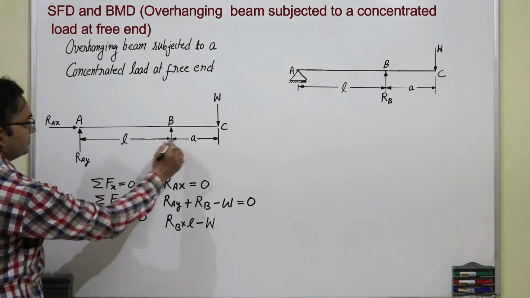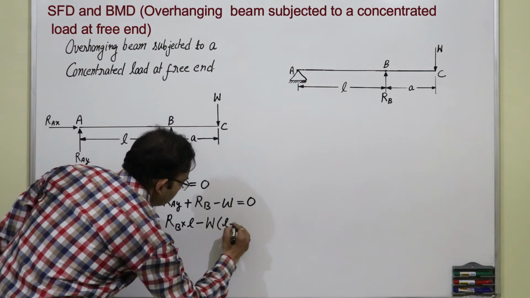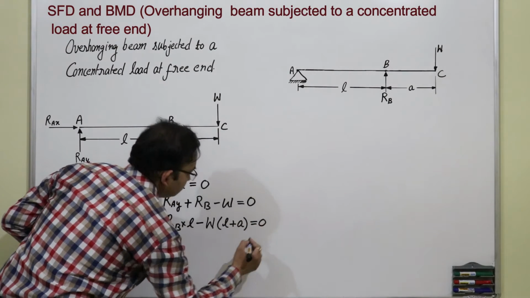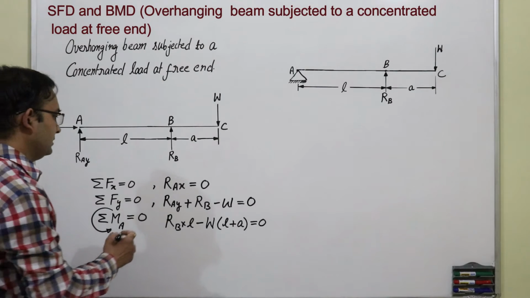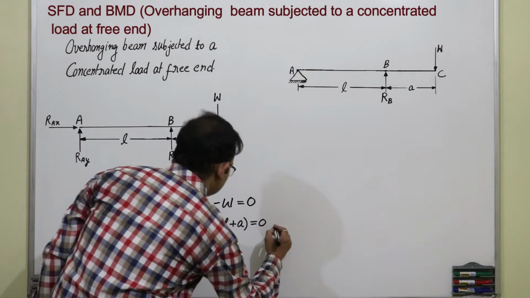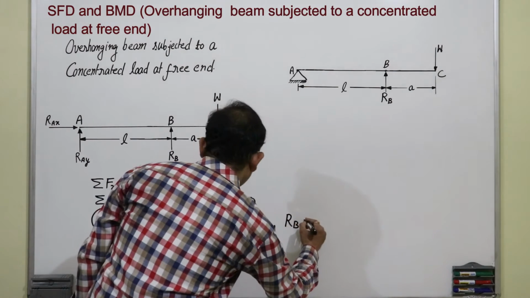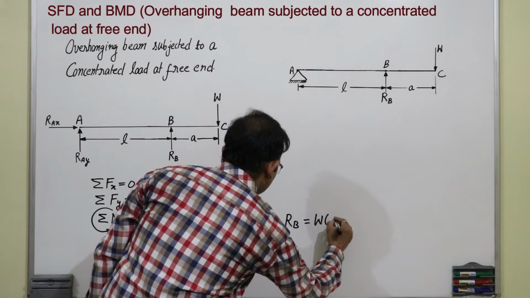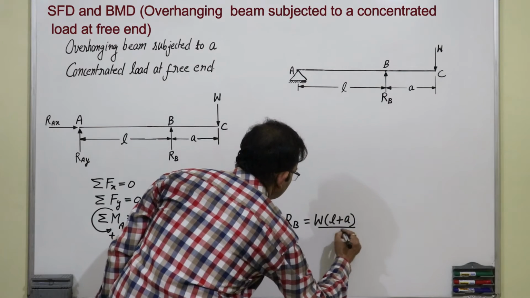W into total distance, which is L plus A. The sum equal to 0. So we can calculate RB equal to W times L plus A upon L.